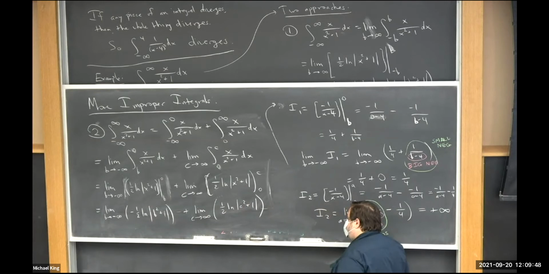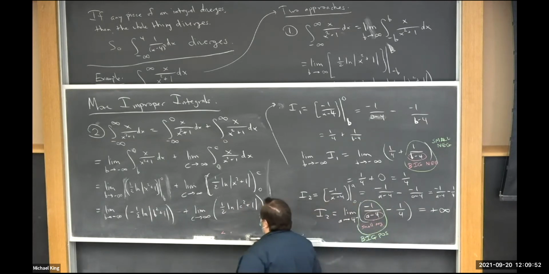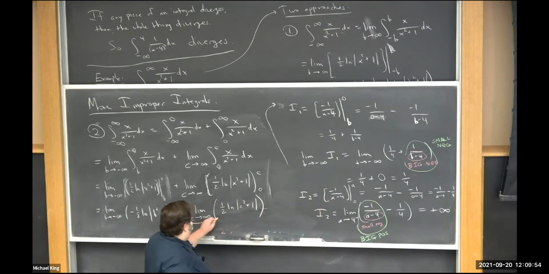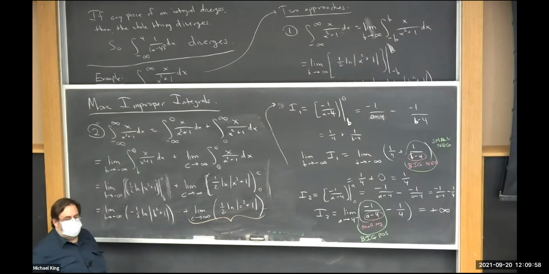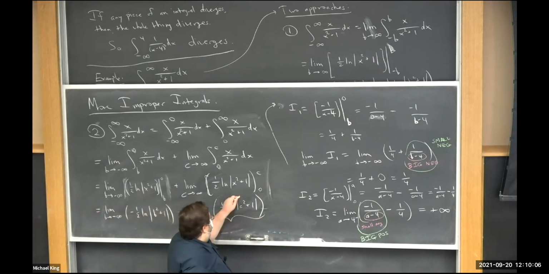Okay, the question then is, what are these two limits? What happens to ln of c squared plus 1 as c gets larger and larger? If c is big, then the inside here is big.